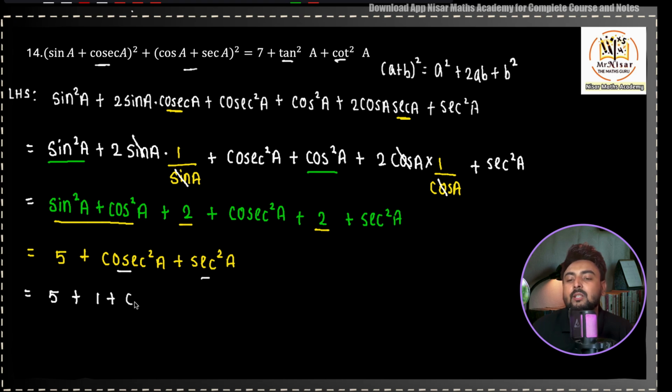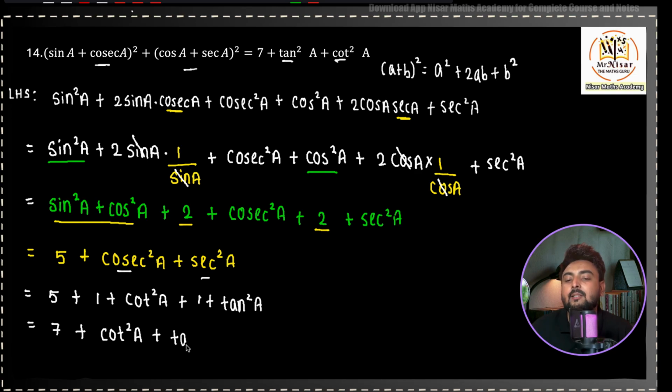So I'll write cosec square A as 1 plus cot square A and sec square A as 1 plus tan square A. So the final answer will be 5 plus 1 plus 1, it will be 7 plus cot square A plus tan square A, and this only we have to prove.